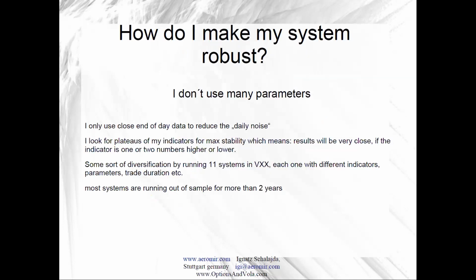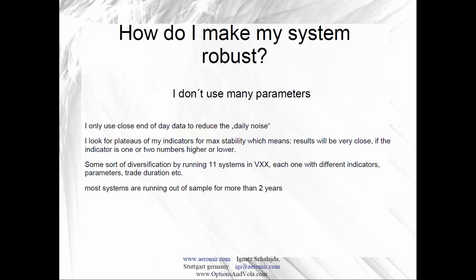So one very important thing is, I build a system and I optimize and optimize and optimize until I get over-optimized, and when I go live, the results are not as they should be. So my way of making a trading system is I don't use many parameters. For example, I only use close end of the day data to reduce the daily noise.